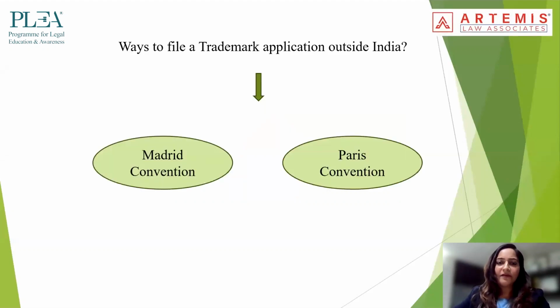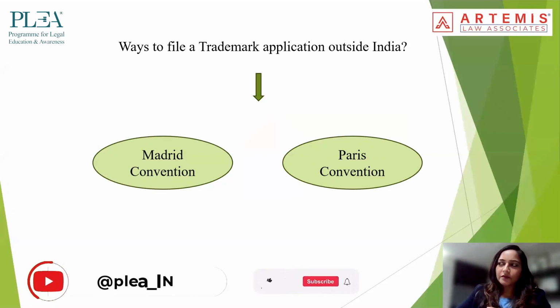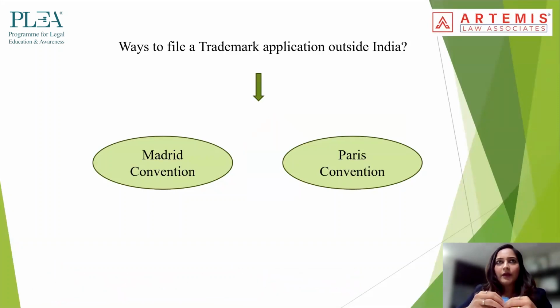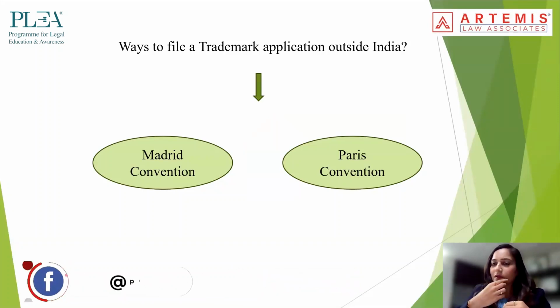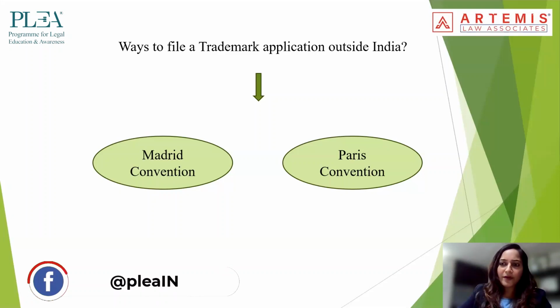There are two main ways of filing a trademark application outside India. One is the Madrid Convention and one is the Paris Convention. It depends on the strategy actually. When do you file Madrid, when do you file Paris? If you have a particular mark and you have multiple regions to file with, you generally go for Madrid application.